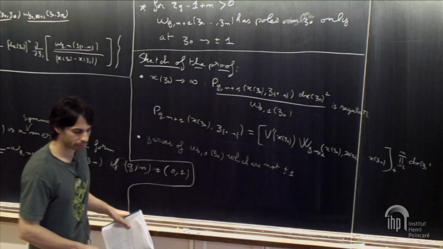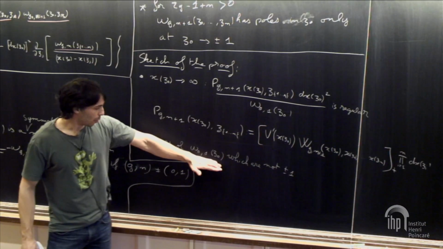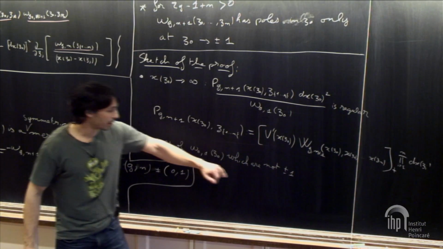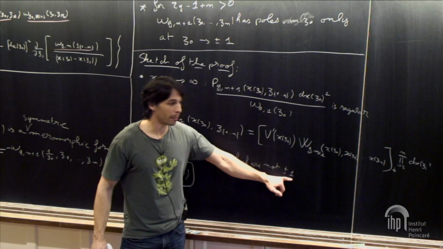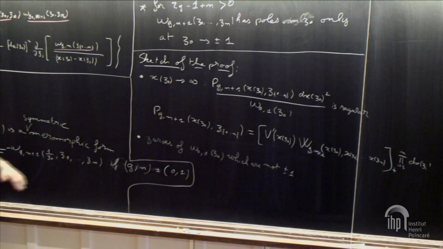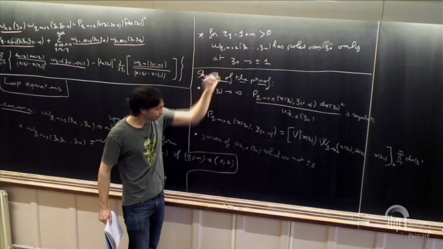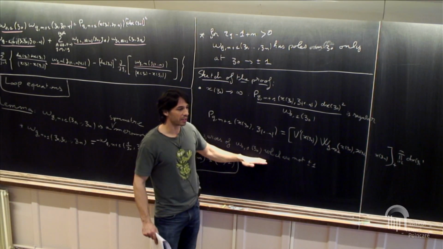Okay, so omega 0,1 of z0 has some zero when z0 goes to plus or minus 1. But this one is fine, because I want my omega g,n+1 to have a pole there. But it has some other zeros.